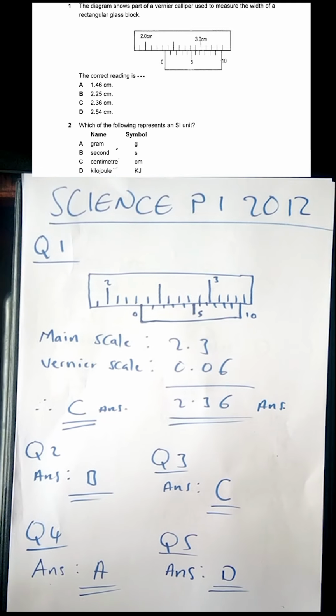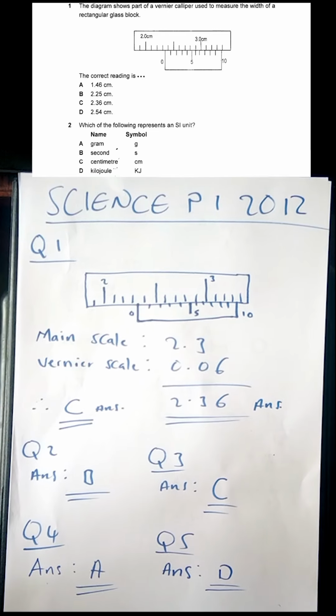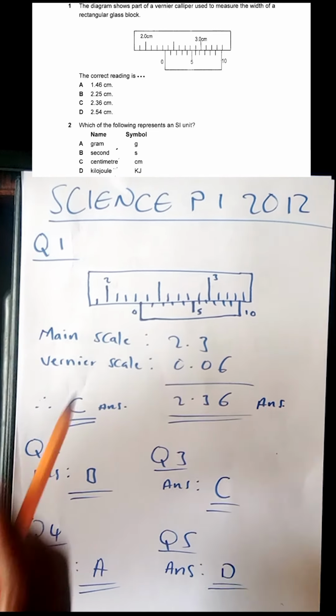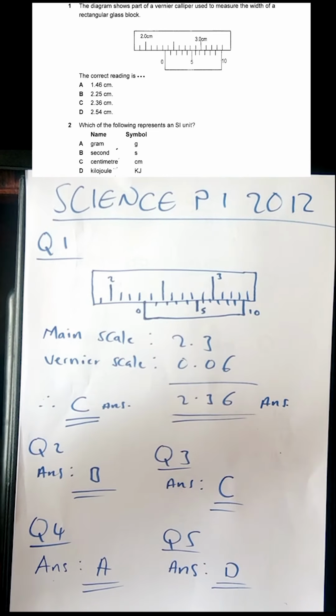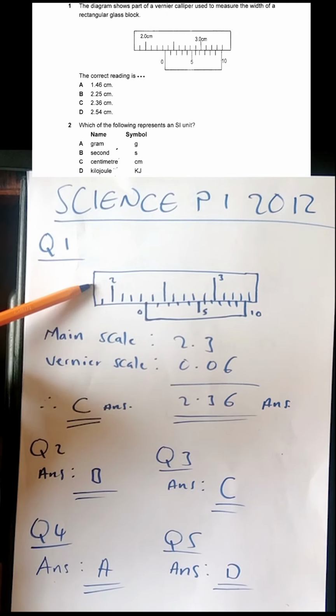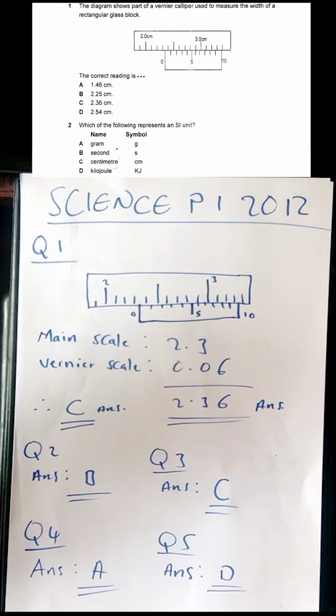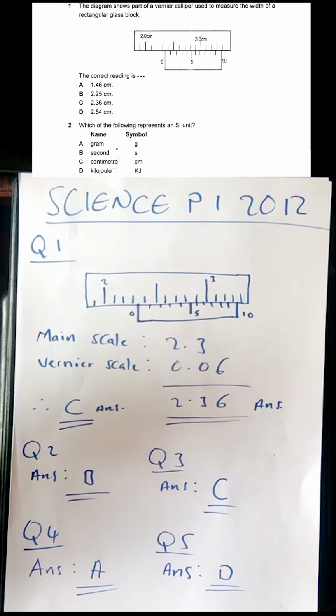Question number 1, the diagram shows part of a vernier caliper used to measure the width of a rectangular glass block. So you have the vernier caliper there. What is the correct reading? So the correct reading of the vernier caliper, you check the reading of the main scale as well as the vernier scale. So which reading do you get on the main scale?